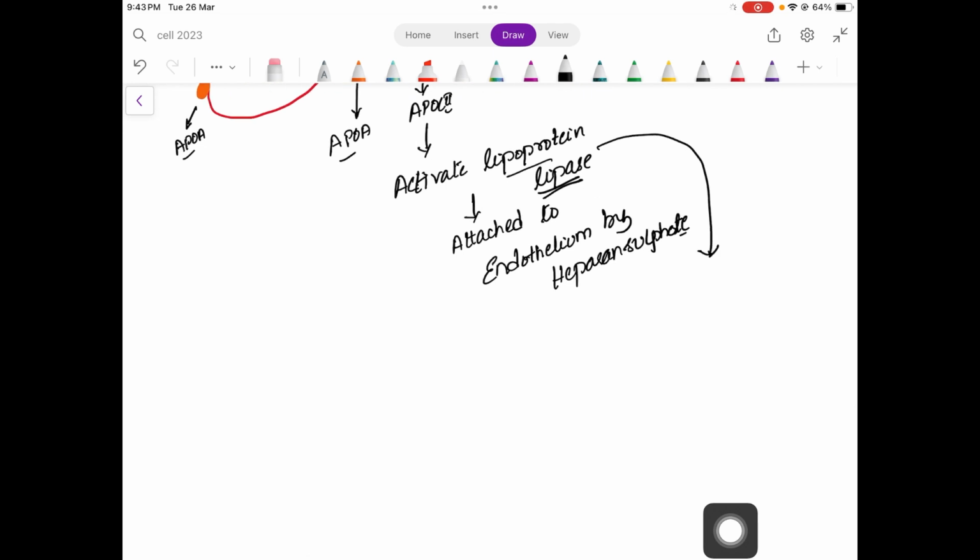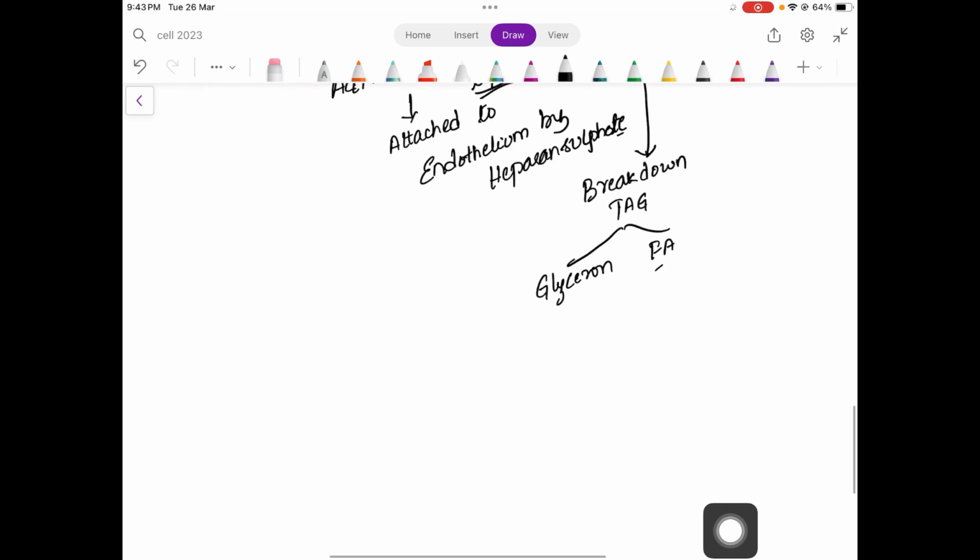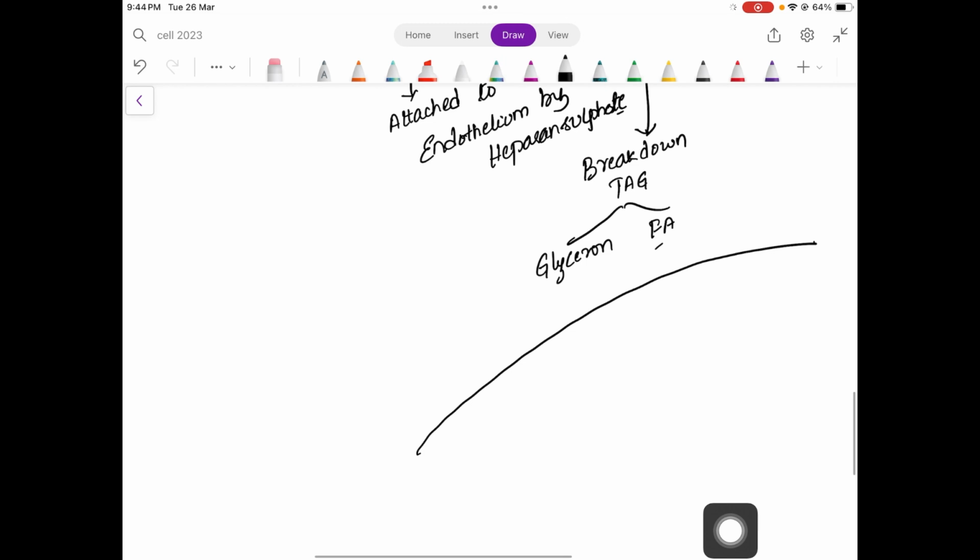So what it will do, lipoprotein lipase, it will break down triacylglycerols into glycerol and fatty acid. So the main tissues which take up these fatty acids are adipose tissue and muscle.